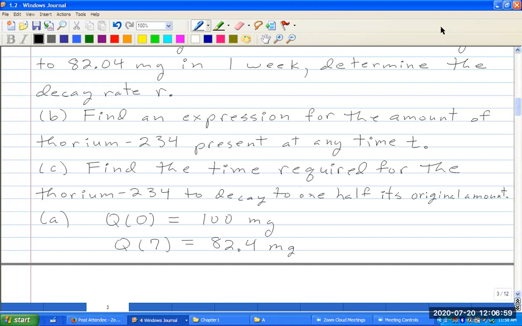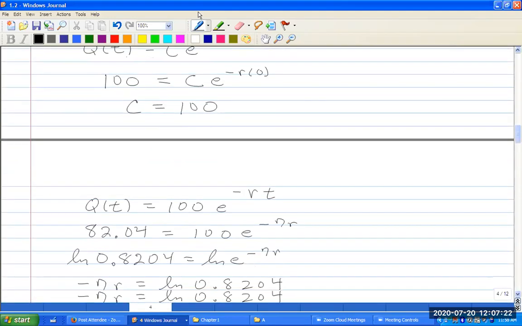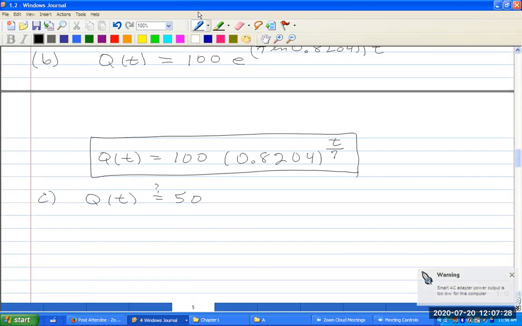Oh, can you explain this step, the t over 7? Oh, okay. Yes, sure. That was just some properties of logarithms. And not that I really even needed to do that. So let's do this.